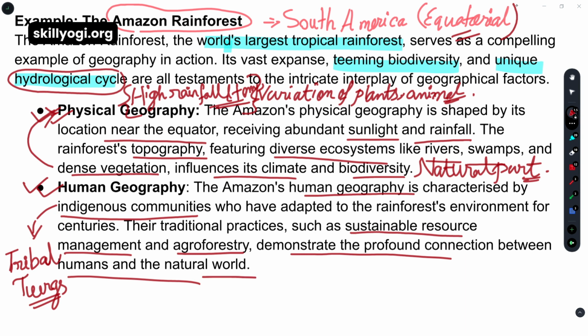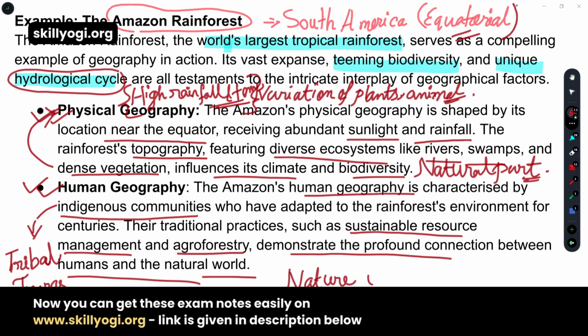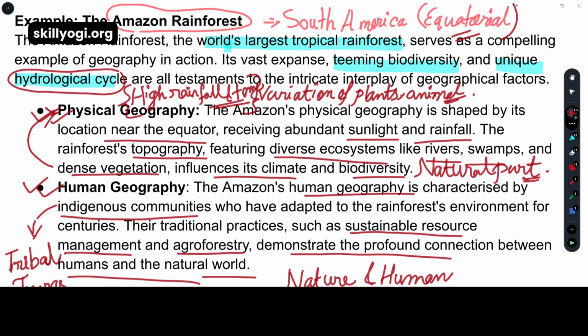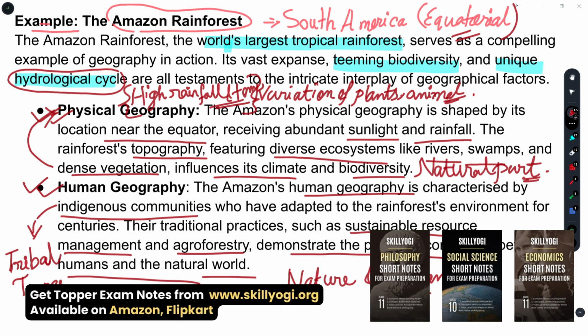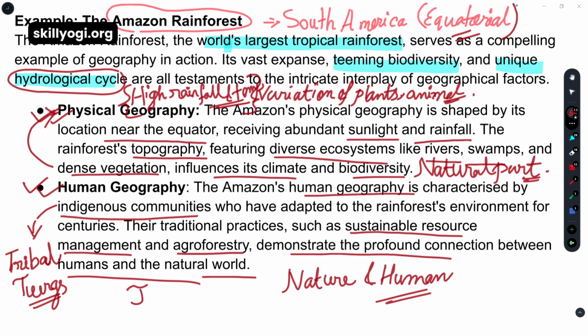Yes, wherever we stay, we have an intricate relationship between nature and humans. So the indigenous community has adapted very much to the rainforest environment for centuries, and their traditional practices, as we have also learned in the class 10 agriculture chapter, include jhum or slash and burn agriculture.